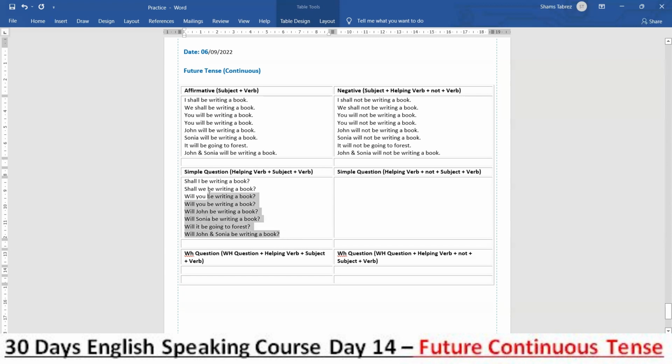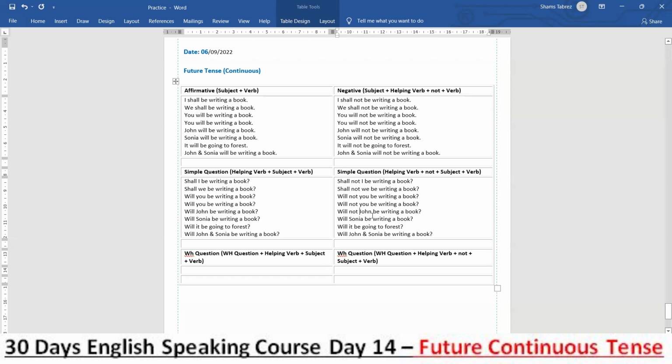And if you would like to make a negative question, then simply after the first helping verb, we need to add the word not. Shall not I be writing a book? Shall not we be writing a book? Will not you be writing a book?